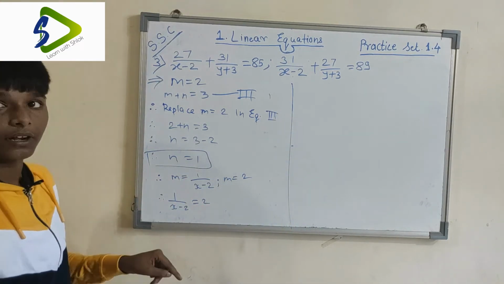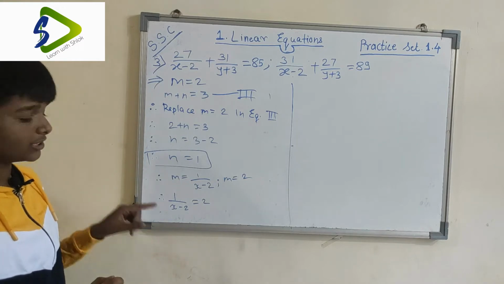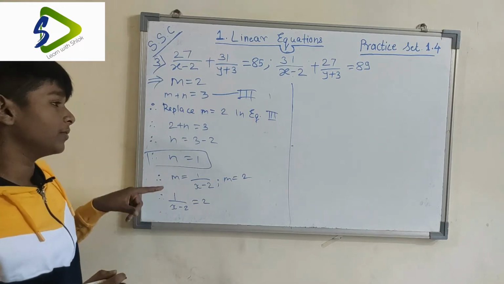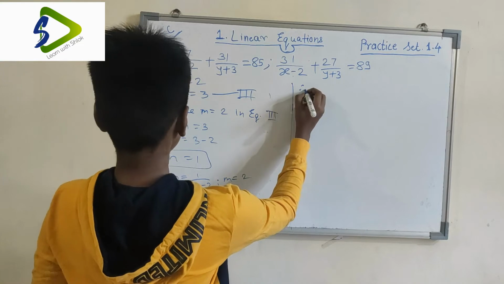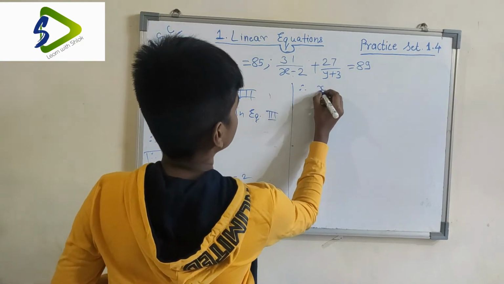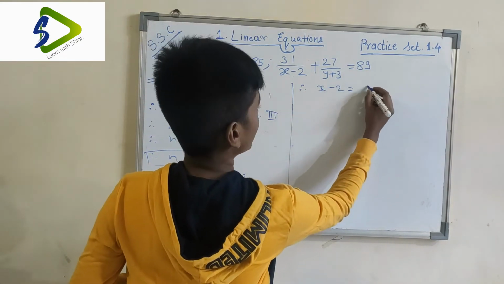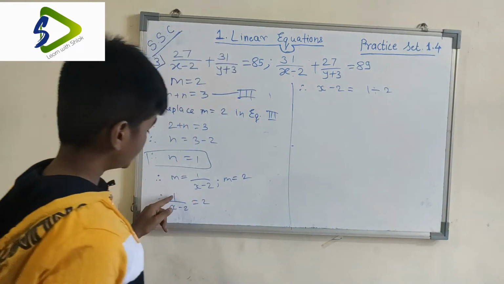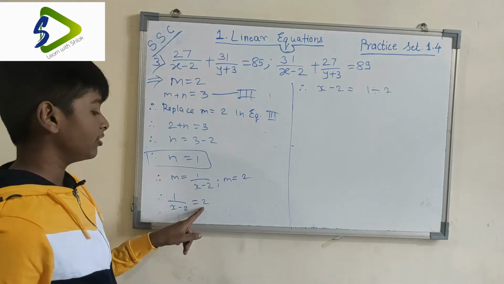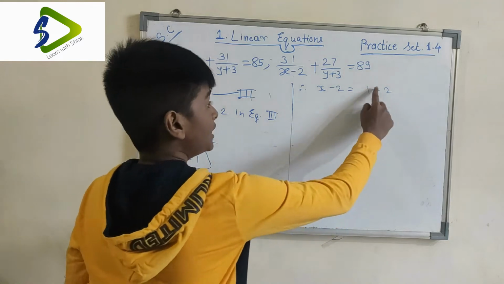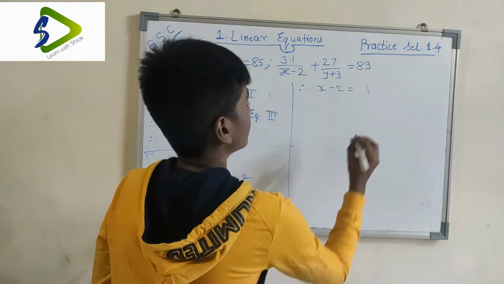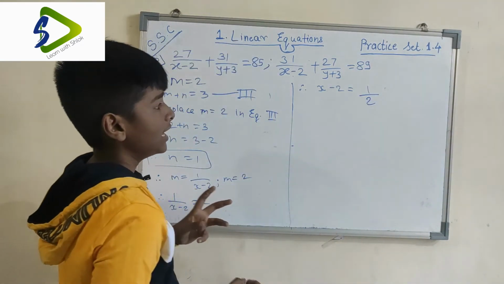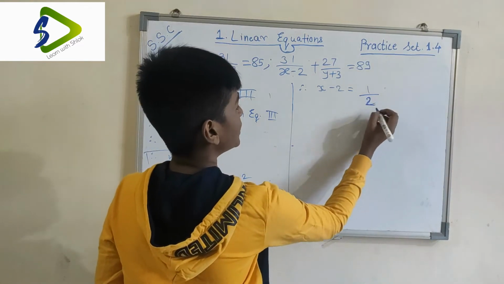I just want the value of x, so I can take the one to the other side, and therefore x minus 2 is equal to 1 divided by 2. If it was on the upper part, here also it will remain on the upper part. 1 divided by 2 you can also write as 1 by 2, so x minus 2 is equal to 1 by 2.